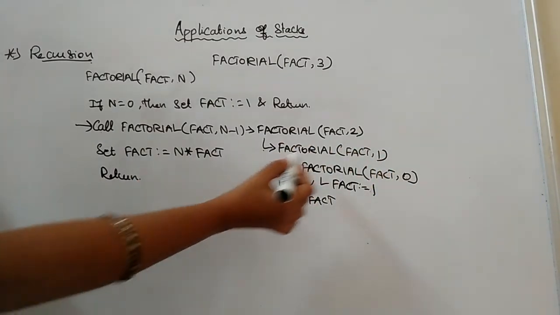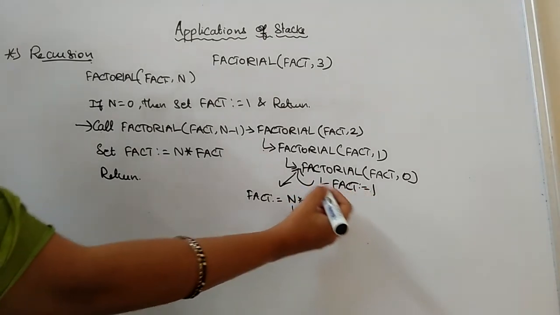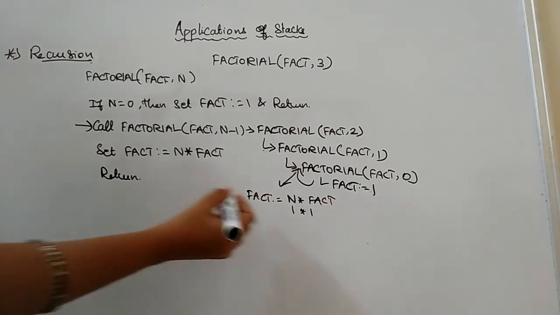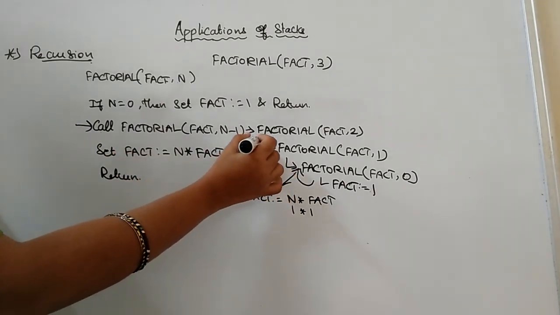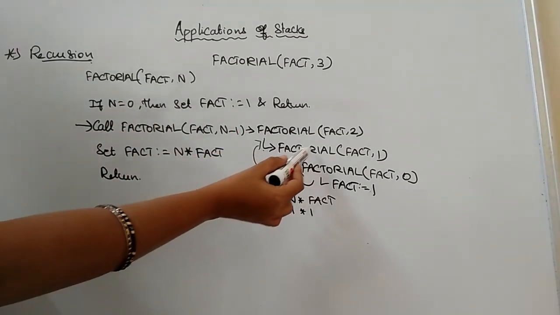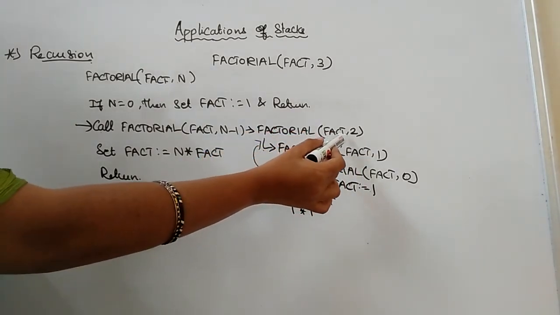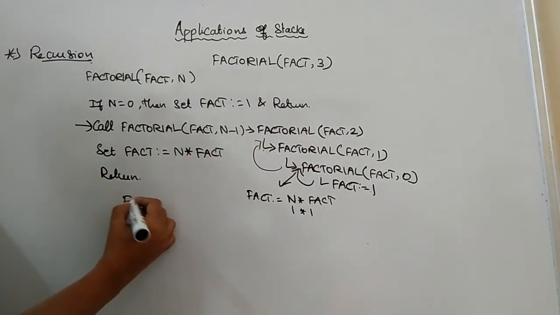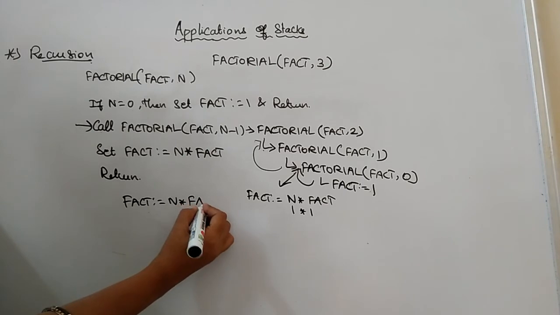The value of n here will be 1 and the fact value will be 1. So it is calculated. Return means the program control returns to the place where you called factorial of fact comma 1 within factorial of fact comma 2. Here again it will calculate fact := n into fact.